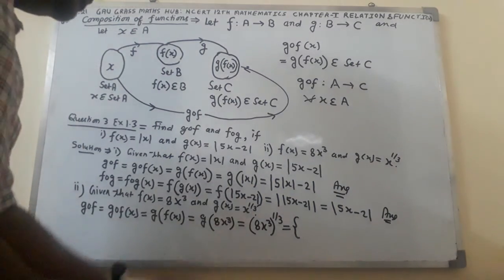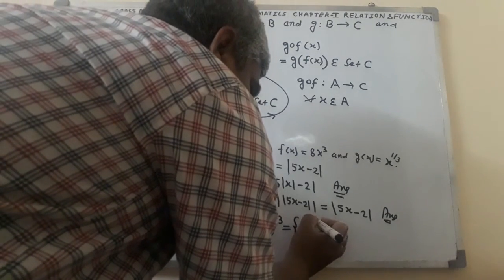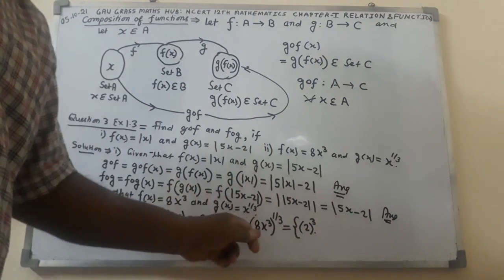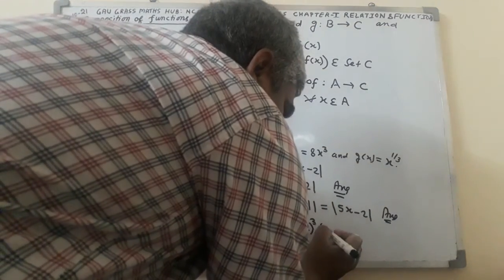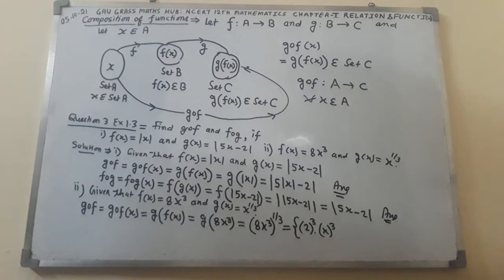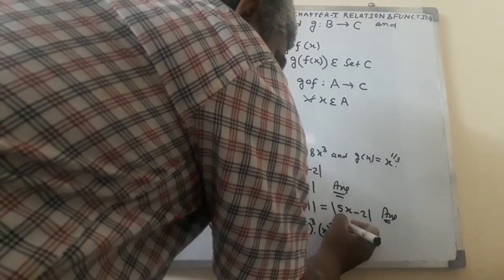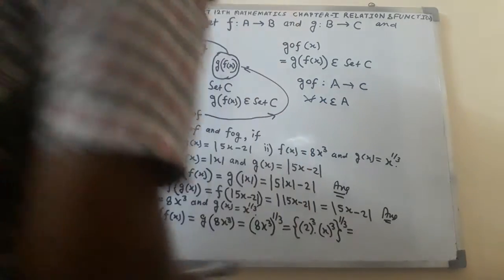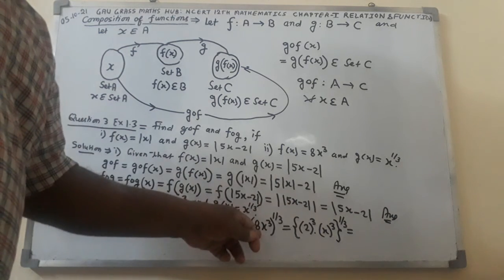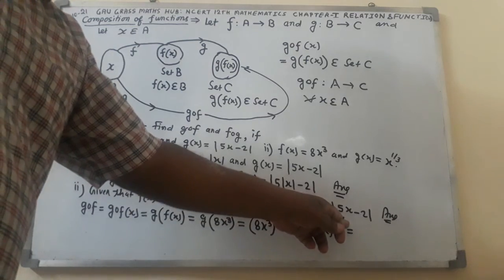This means that 2 raised to the power 3 comes out to be 8, and x raised to the power 3 comes out to be x cube, whole raised to the power 1 over 3 we have got.